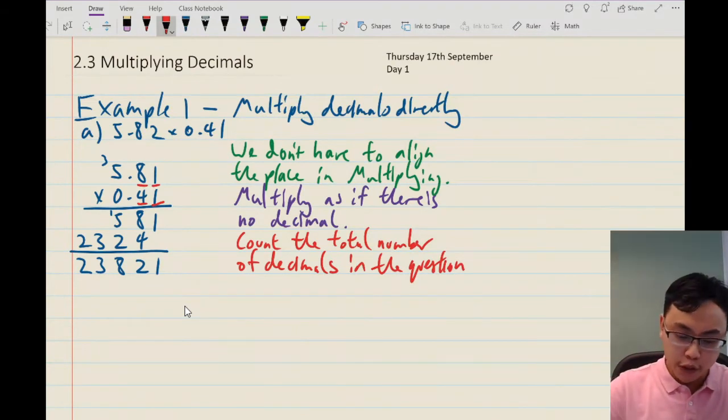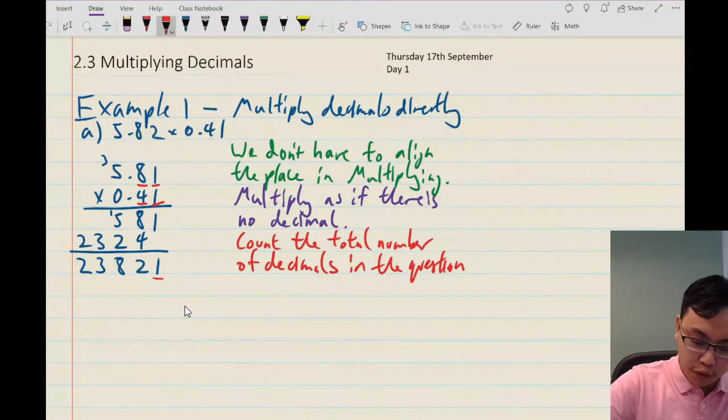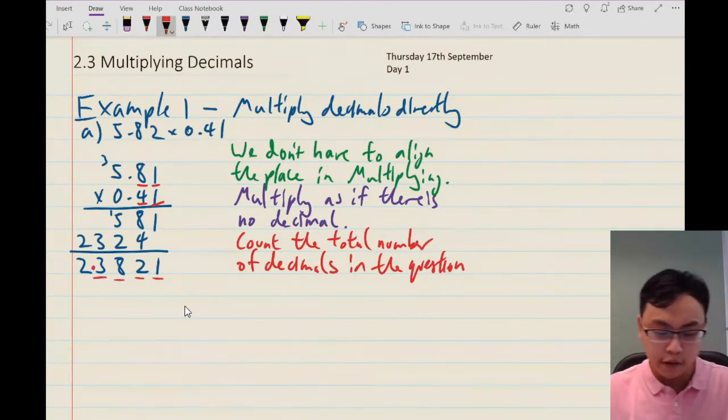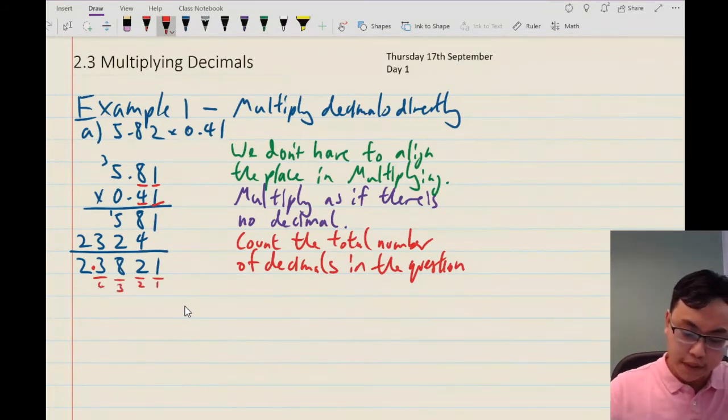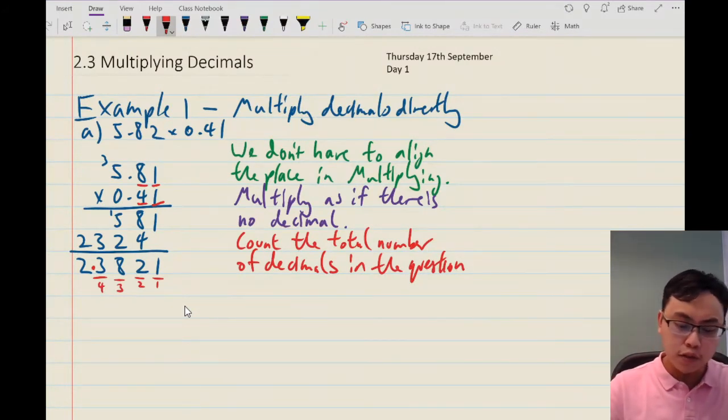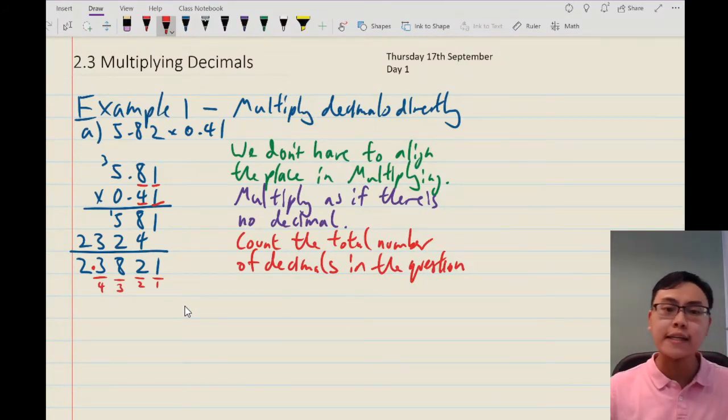So we're going to count 4 decimal places. So that's 1 place, 2 places, 3 places, 4 places. And our dot should be right here after the 2, between the 2 and the 3. Okay, so that's 2.3821.